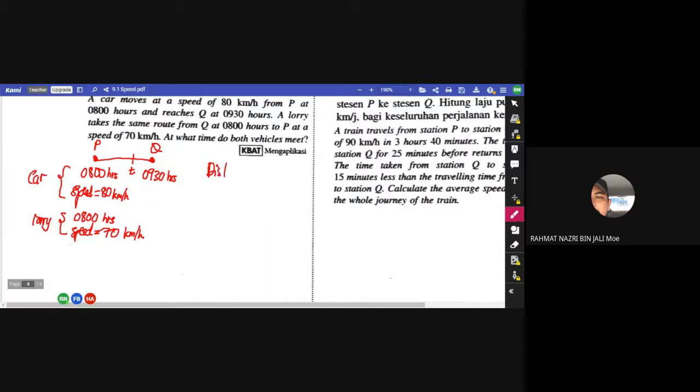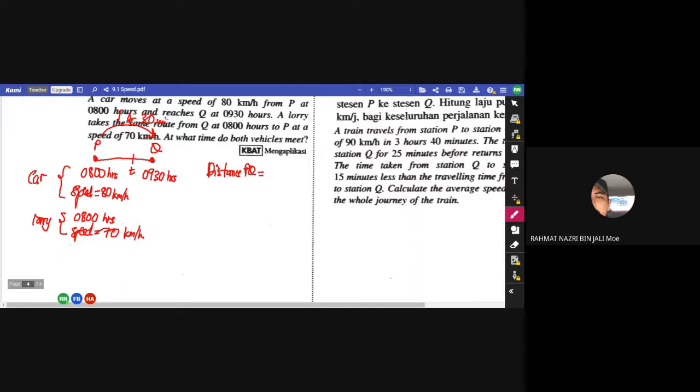From 0800 to 0930, the time the car travels is 1 hour 30 minutes.